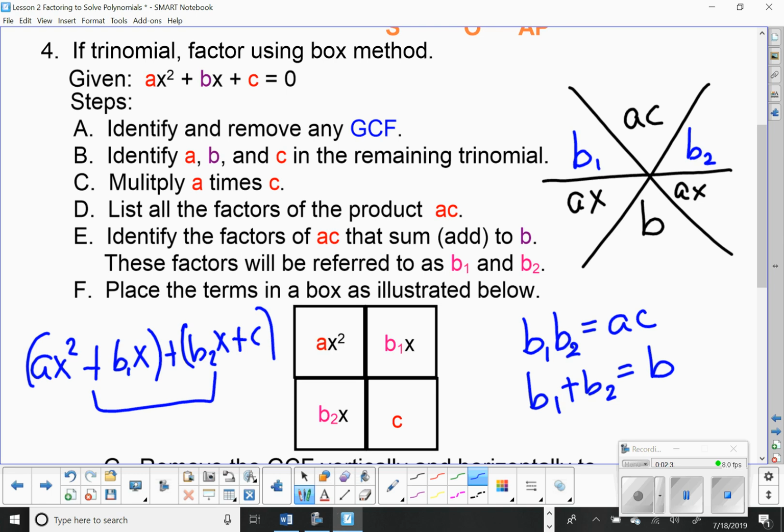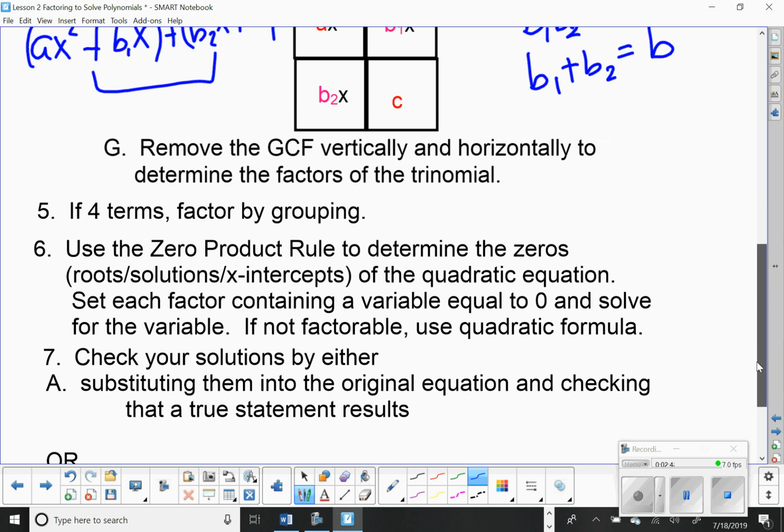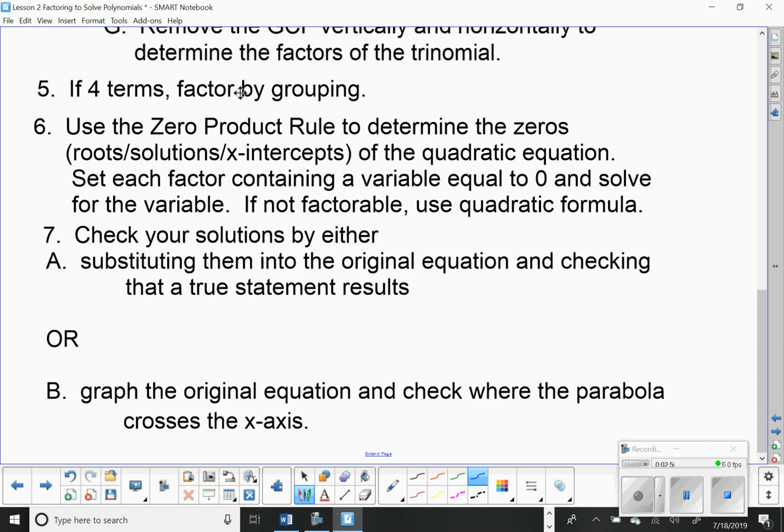And then you would solve by grouping here. So either one. If you use the star, simplify each of these fractions, and then remember that it is bottoms up. Quickie review. Now, if there are four terms, you're going to factor by grouping. Greatest common factor again.